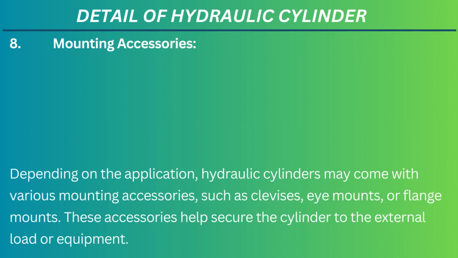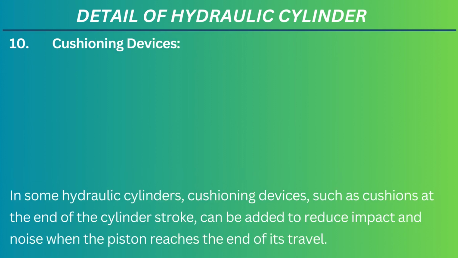8. Mounting accessories. Depending on the application, hydraulic cylinders may come with various mounting accessories, such as clevises, eye-mounts, or flange mounts. These accessories help secure the cylinder to the external load or equipment. 10. Cushioning devices.